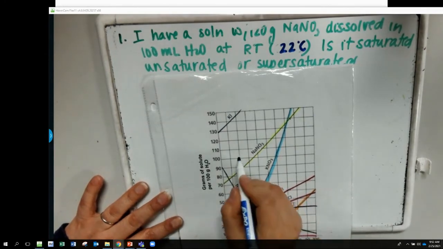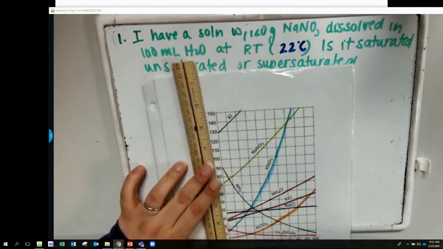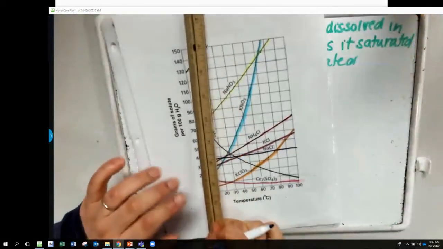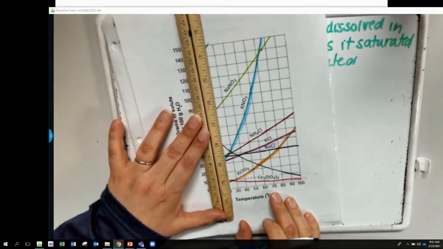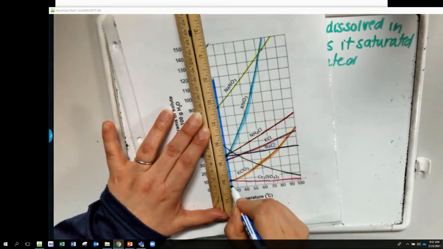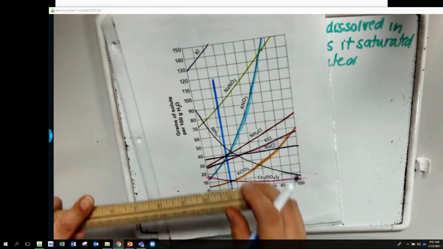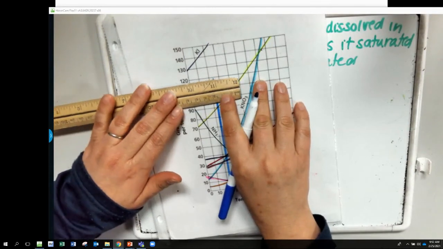So we're going to 22 degrees, which is probably right here, and we're going to 120 grams. That's right here.